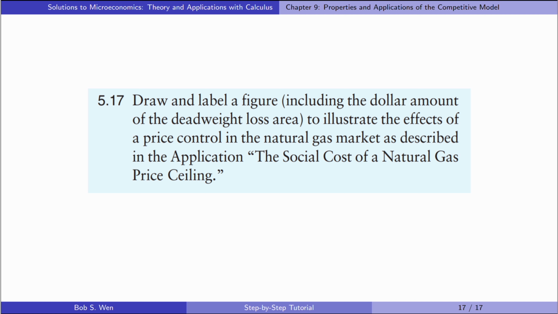Let's finish the last exercise in this section. Draw and label a figure to illustrate the effects of a price control in the natural gas market as described in the application The Social Cost of a Natural Gas Price Ceiling.